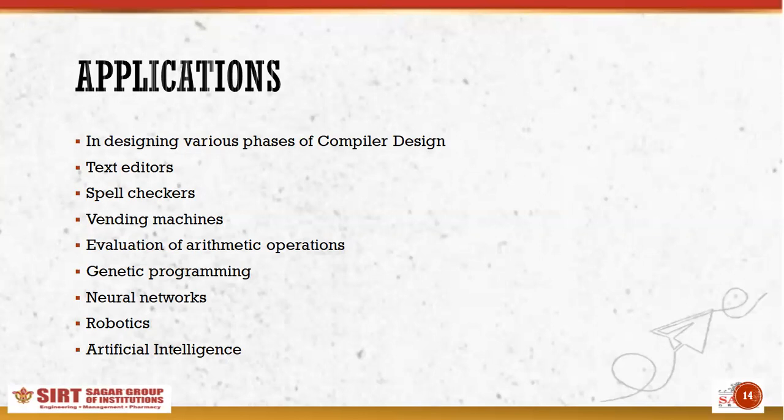These text editors are based on the concept of theory of computation. Spell checkers, vending machines, and evaluation of arithmetic operations are a few basic application areas where the concepts of theory of computation are applied. A few advanced application areas are genetic programming, neural networks, robotics, and artificial intelligence. So it has a vast domain where its applications are found.